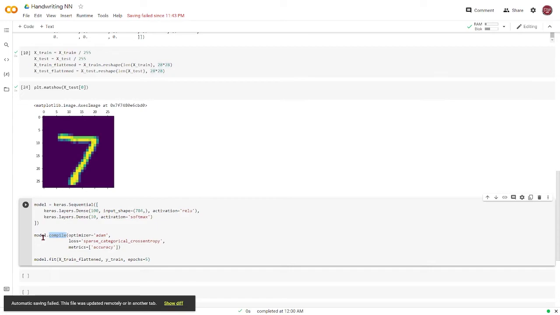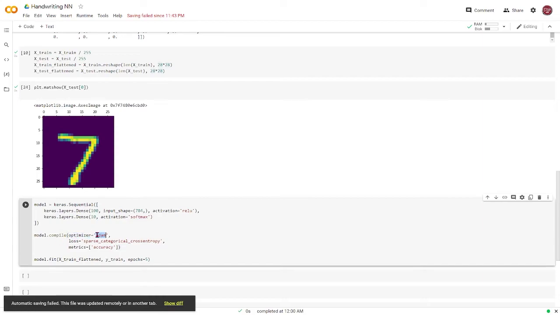And then the model will actually, this part is the optimization part, so a compile optimization part. It uses the Adam optimizer, which works with momentum.